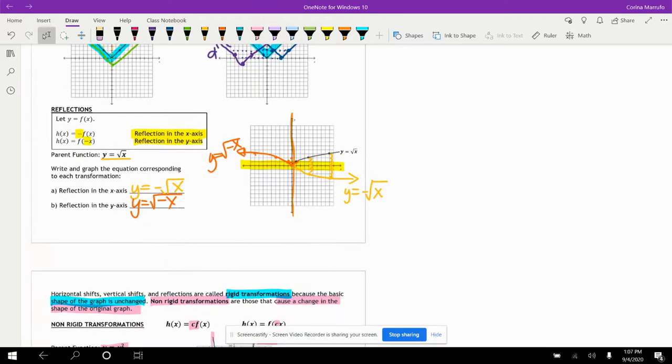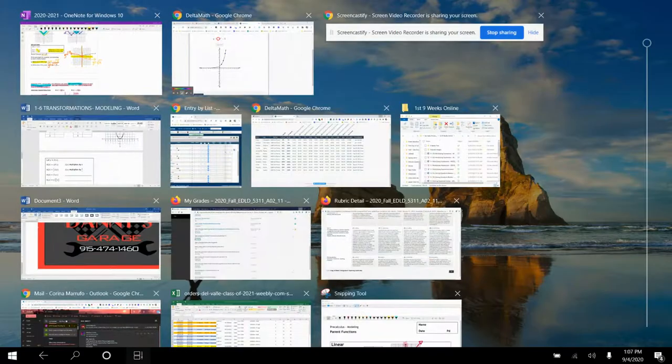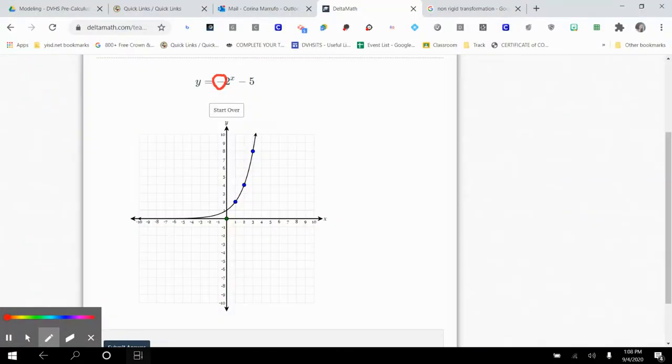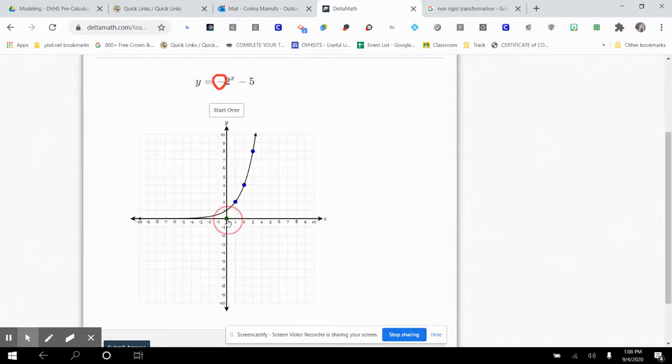Okay, the negative's in front of the x. That means that we are going to have a reflection across the x-axis. Just in case you forget, refer back to your notes. So back to here, that means I'm going to have a reflection across the x-axis. So to get this to reflect across the x-axis, you are going to take your function and instead of it being up here with the 8, you're going to reflect it down to the negative 8.